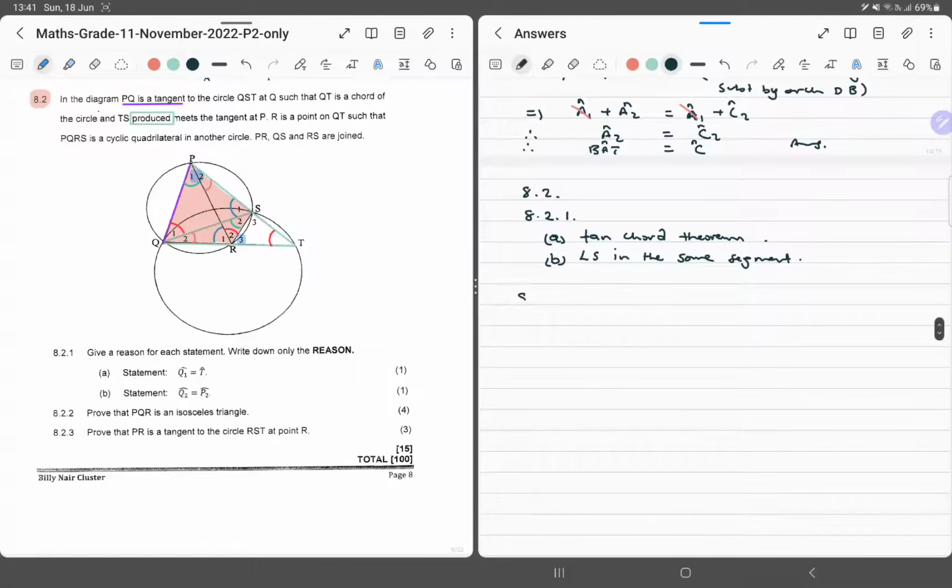So now we've got 8.2.2. It says now prove that PQR is an isosceles triangle. Okay, so if we want PQR to be an isosceles triangle, so this is basically the triangle we're talking about now.